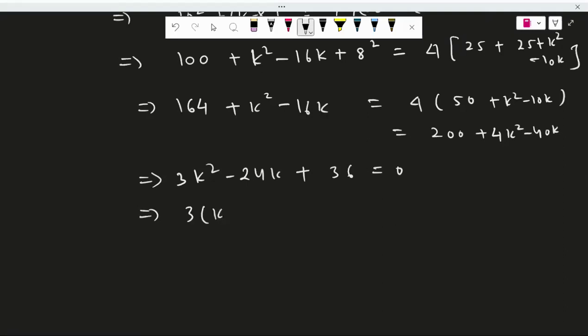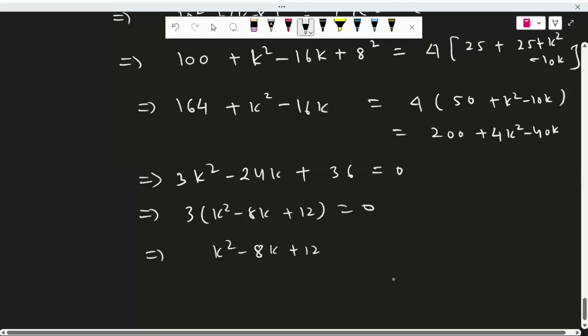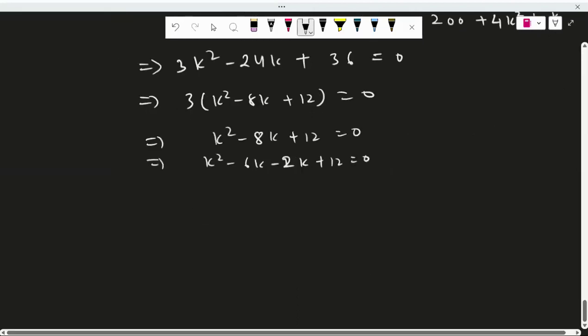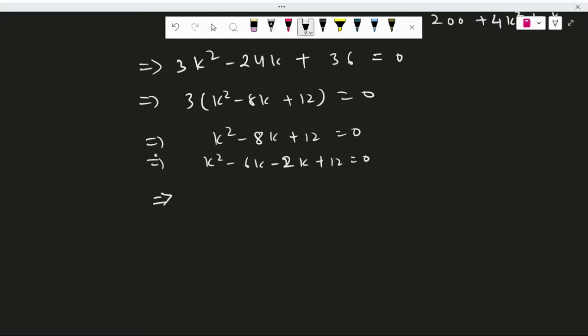So k square minus 6k minus 2k plus 12 equals 0. This is middle term splitting. We already did it when we started our sessions, Rajveer. Taking common, (k minus 2)(k minus 6) equals 0.